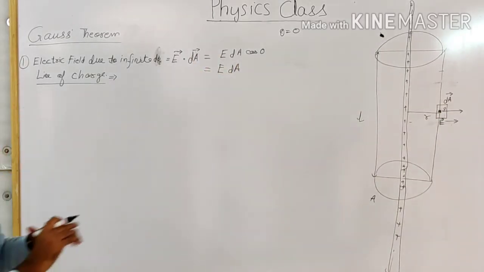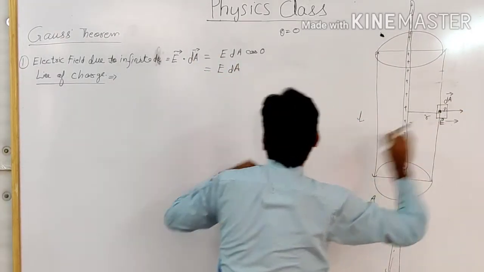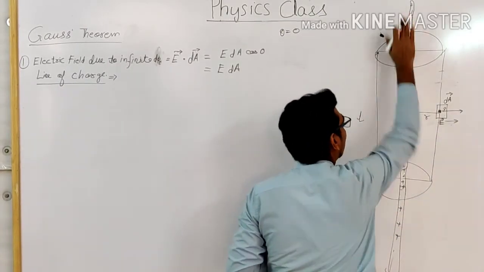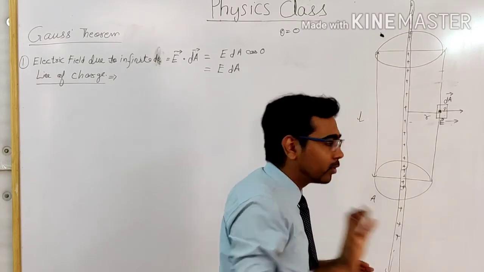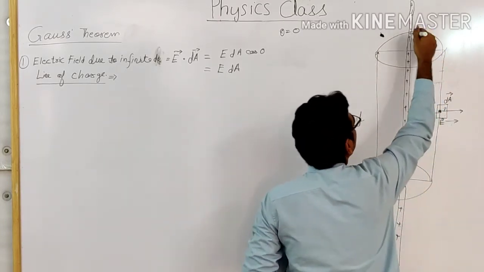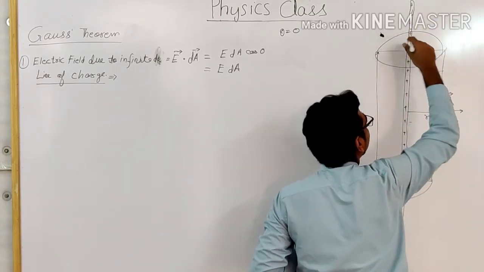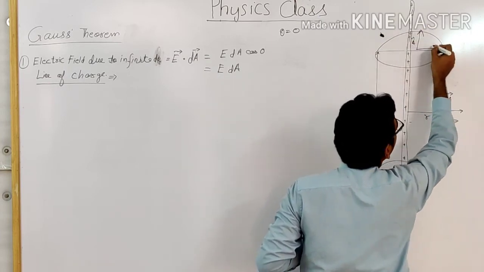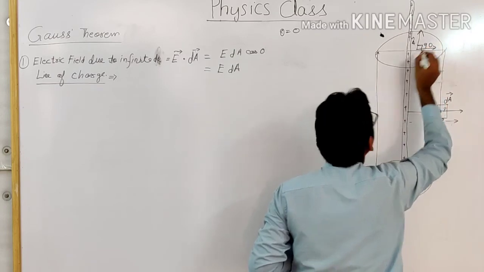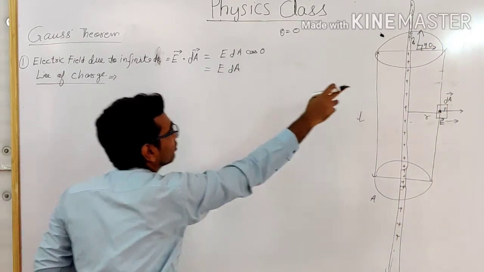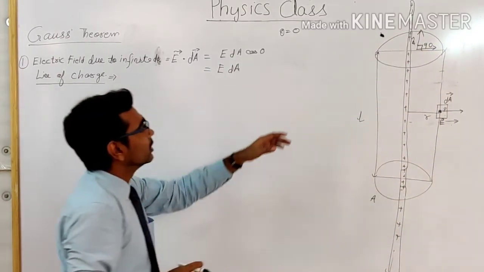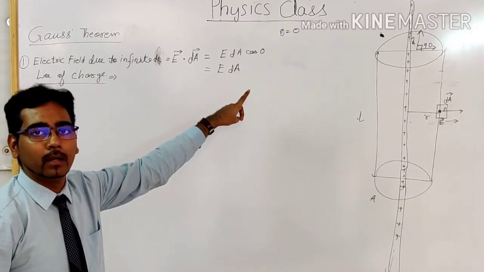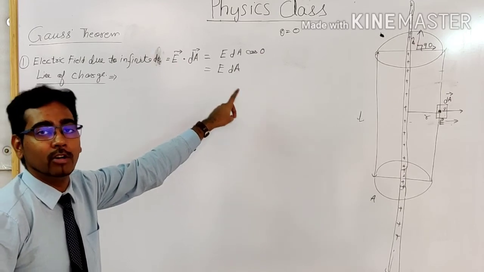But we want the flux passing through the total surface area. Flux will be passing through here, up and down. Okay, but what is the problem with up and down? This is the curved surface, this is the top surface area, and the area vector will be in this manner and the field lines in this manner. What is the angle? 90. If you take E dot dA for the top and bottom surface, theta is 90 degrees and cos 90 is 0.